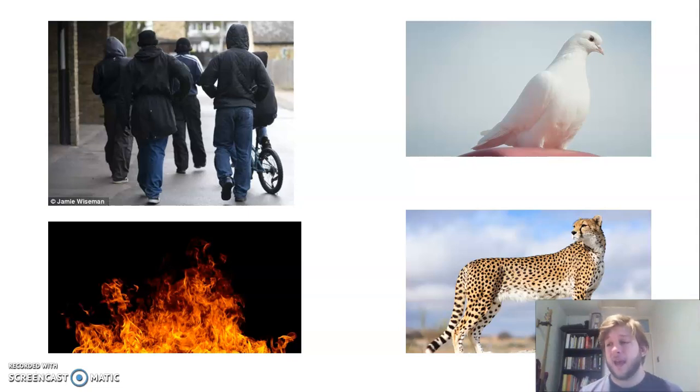It might be advertising a product and putting fire on there to show danger, excitement, power, or it could be putting the leopard or the cheetah on there to show grace, speed, etc. So it's very important for us to start thinking about denotation and connotation, and really getting our head around it. So hopefully you've now got a clear idea of those two terms and what they mean.